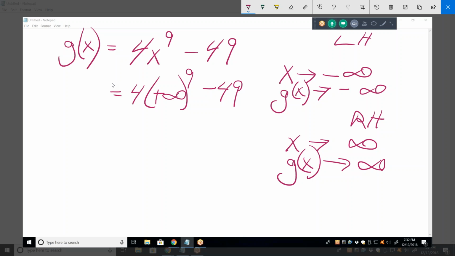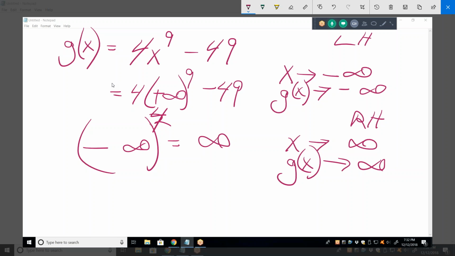But what you need to know is when you take a negative infinity and you square it, it becomes positive infinity. If you take it to an odd power, it stays negative. If I take it to the fourth power, it becomes positive infinity. So if you're taking it to an odd power, it's going to stay negative infinity. If you take it to an even power, it's going to turn into a positive infinity.